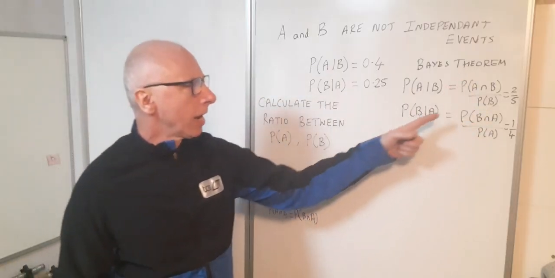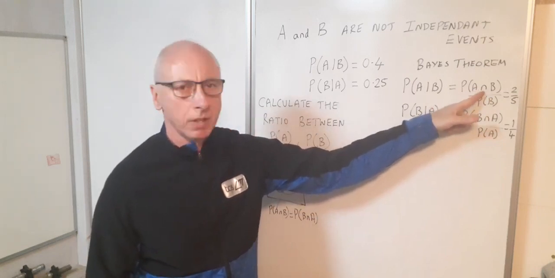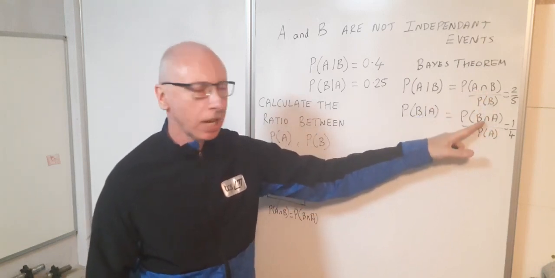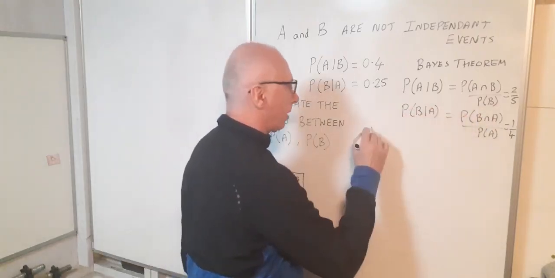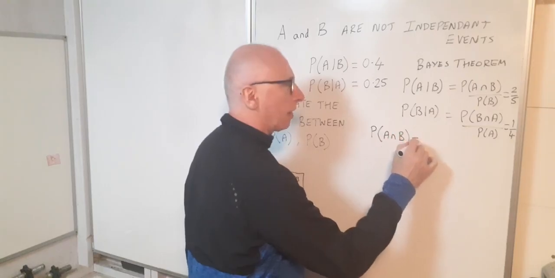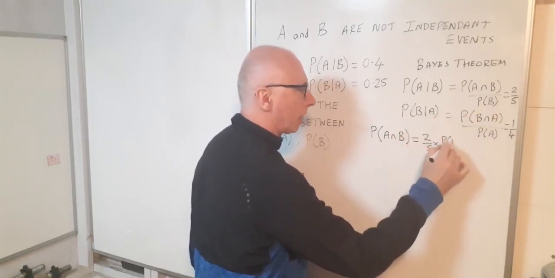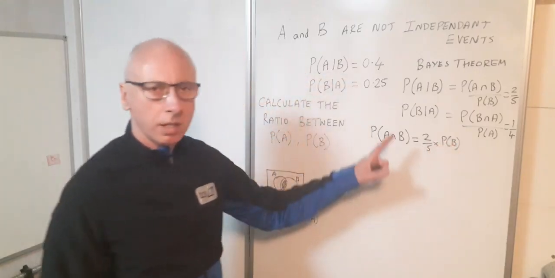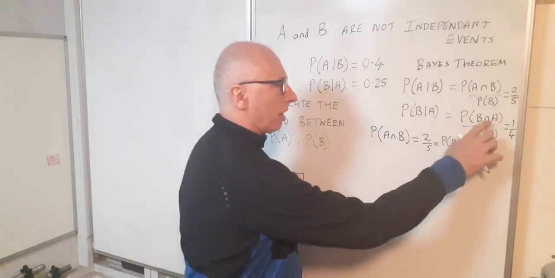So what I'm going to do now is write these two equations out and set them equal to the probability of A intersection B. So the probability of A intersection B equals 2/5 times the probability of B. That's equation one. Second equation, get this one on its own.